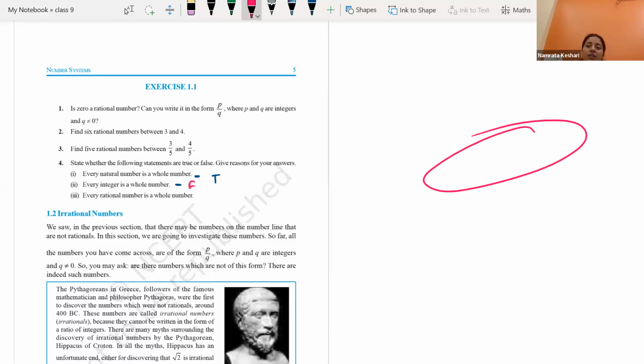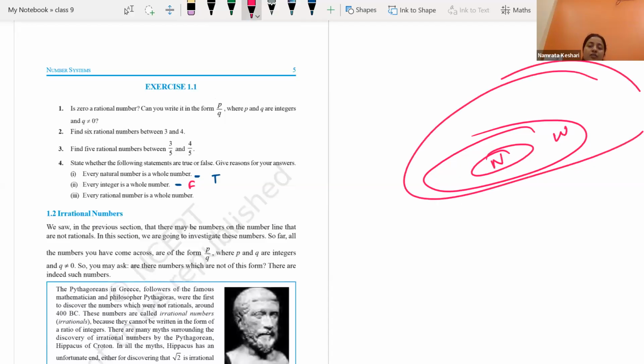We have whole, we have natural, then we have integer. We cannot say every integer is whole, because integer would have to come inside whole in this diagram. You can think of an example: -2 is an integer, but it is not whole. Okay, let's move on. Every rational number is a whole number.